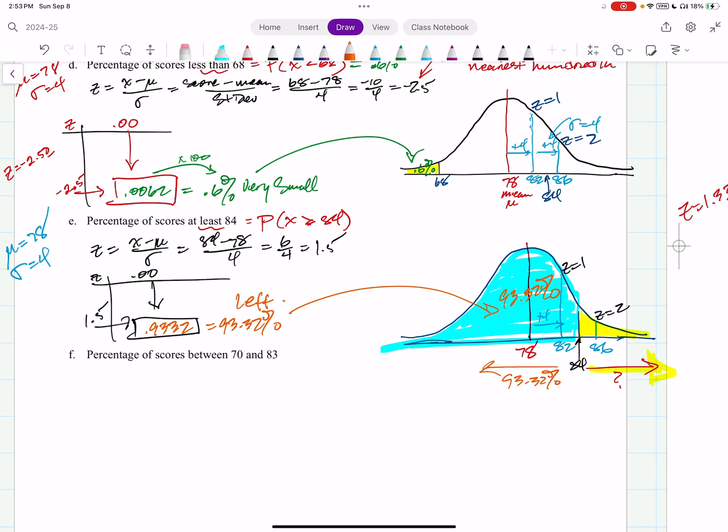To the right, you've got to subtract that from 100. So this right here is 100% minus the 93.32%. What does that equal?